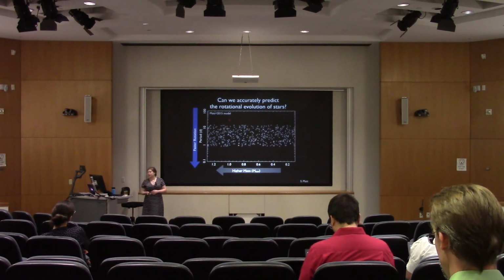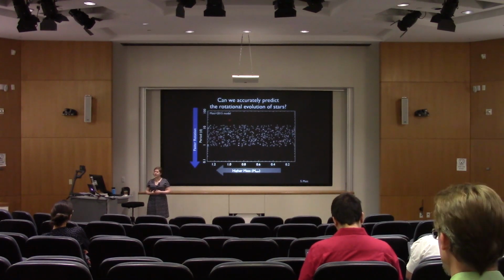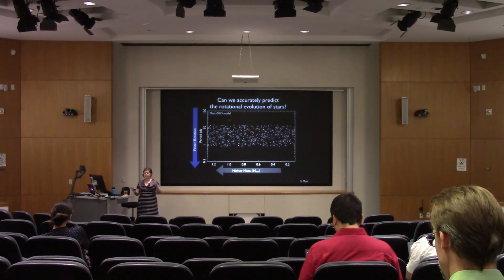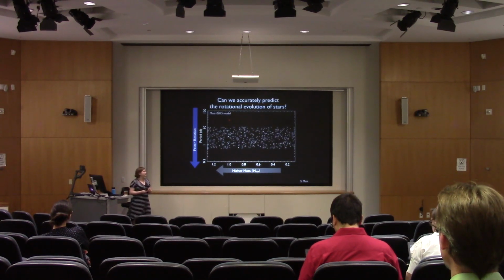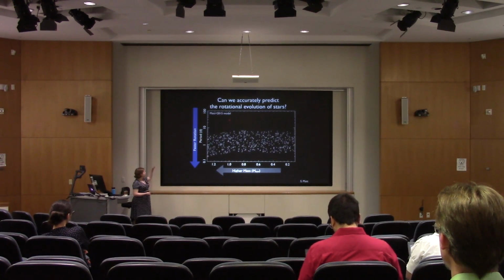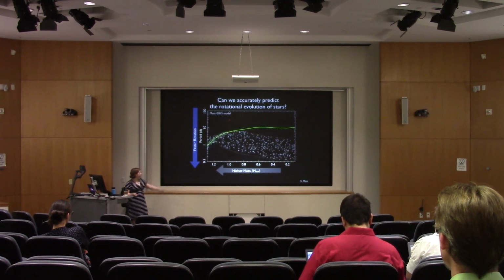Okay, so now that we know what the roughly complete distribution of rotation periods is at about 650 million to 750 million years, can we accurately predict what those periods are with our models? Again, this is Sean Matt's 2015 model, spinning up on the pre-main sequence, and then once we get to about 650 million years, we'll compare to Praesepe.